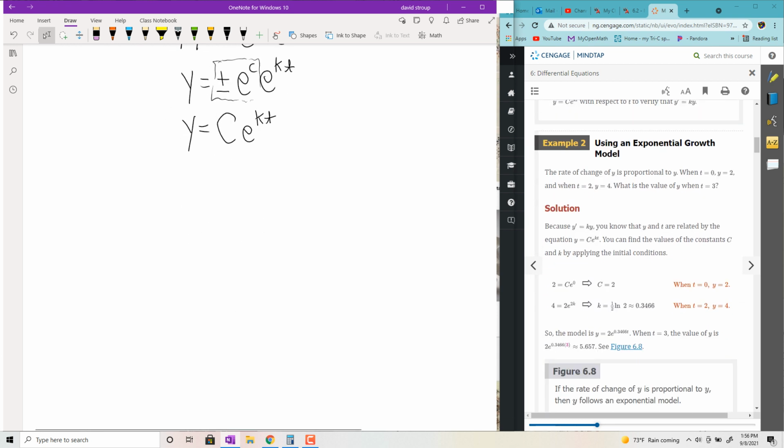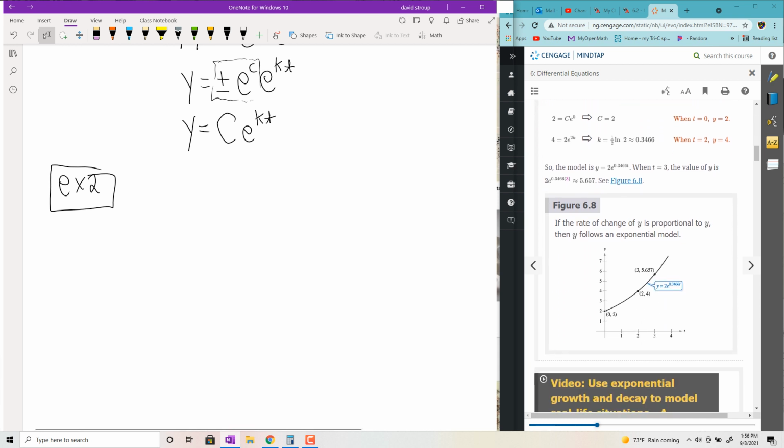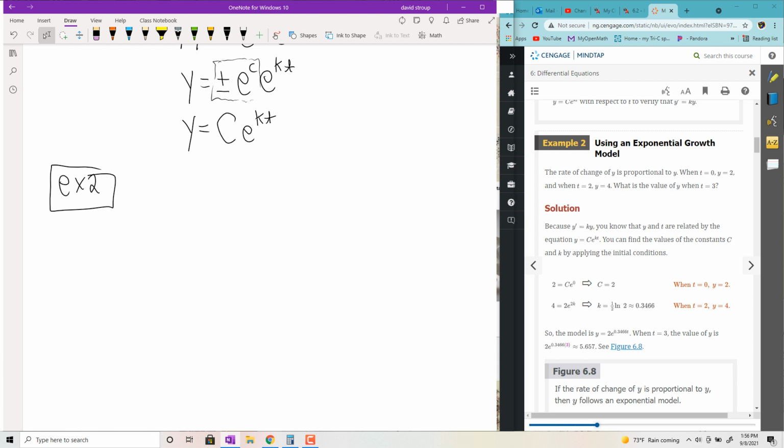Okay, let's look at example 2, where they're using this idea in order to find an equation given some initial information. So again, the rate of change of y is proportional to y. So that means you're using this formula, y equals ce to the kt.